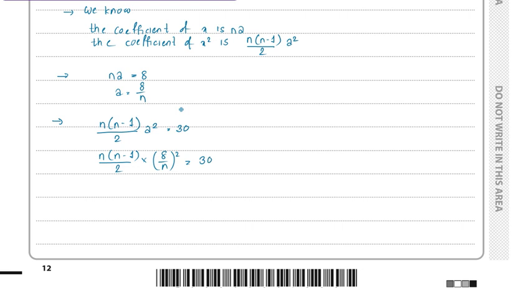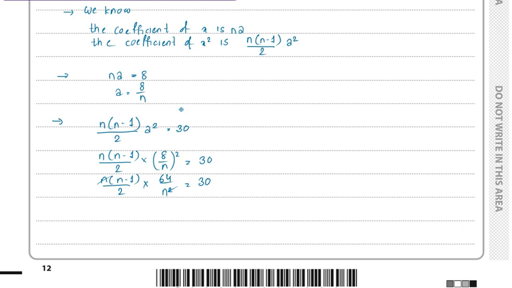So this would be n multiplied by n minus 1 divided by 2 multiplied by 64 divided by n squared, since 8 squared is 64, which is equal to 30. The n and n will get cancelled.